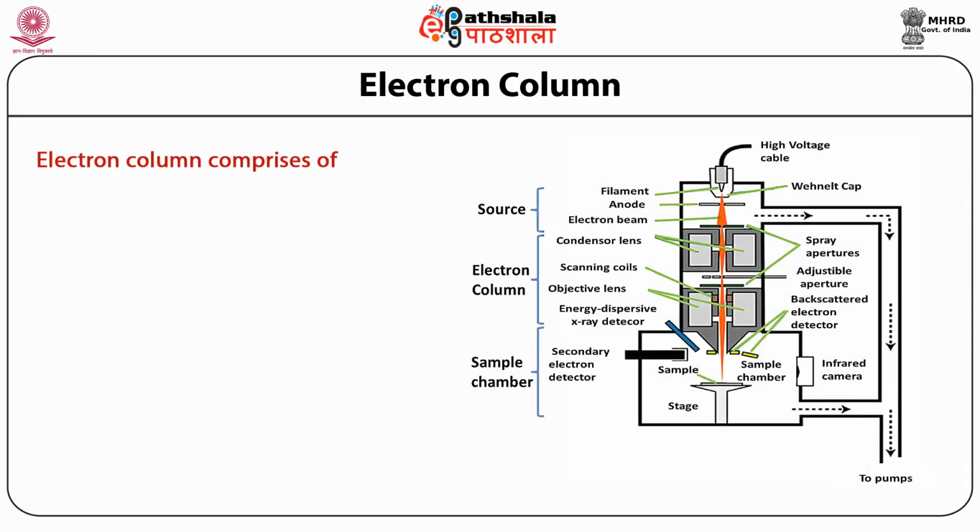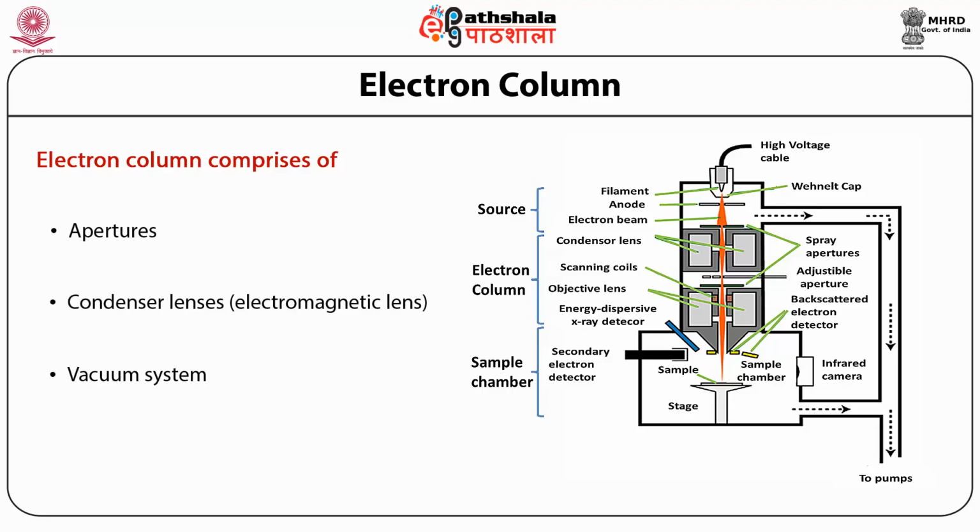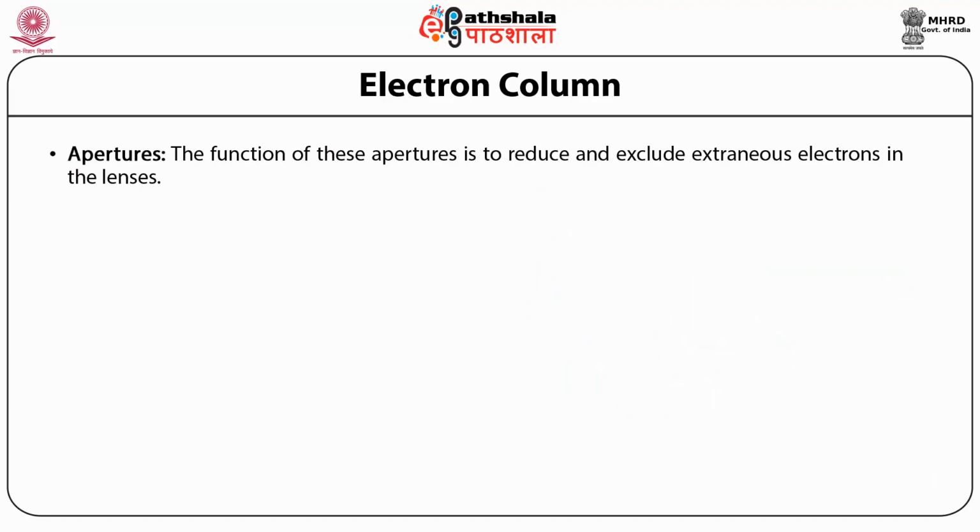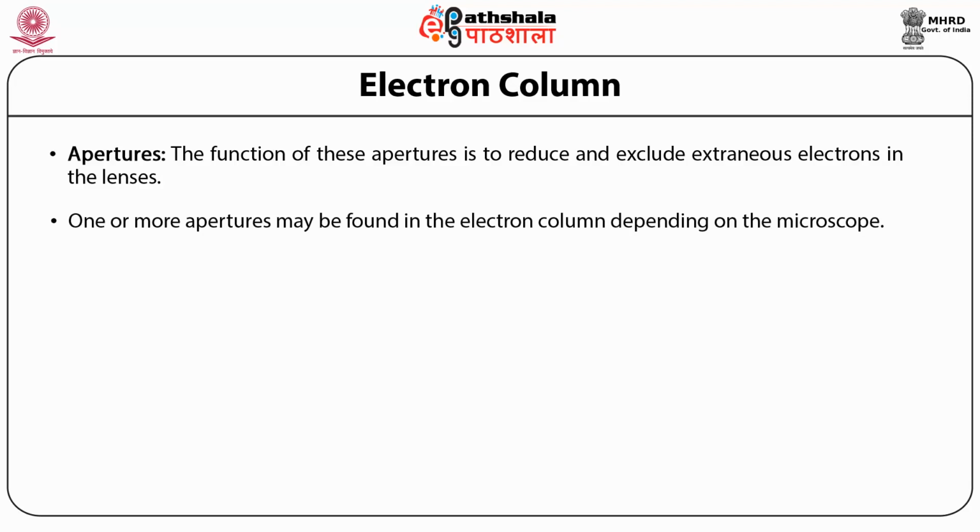Electron column. It consists of apertures, condenser lenses, and a vacuum system. The function of these apertures is to reduce and exclude extraneous electrons in the lenses. One or more apertures may be found in the electron column depending on the microscope.